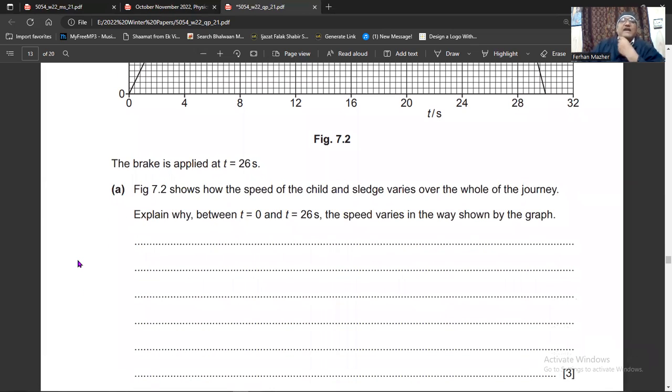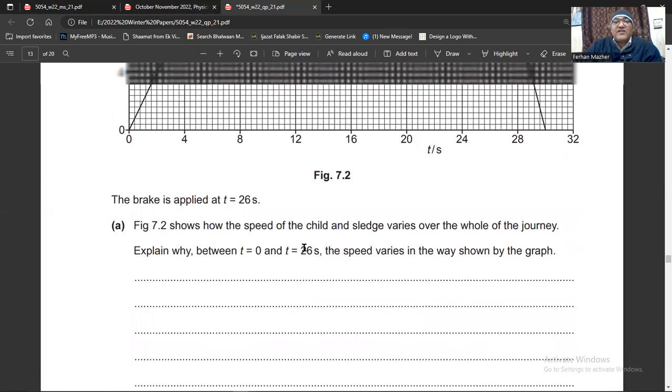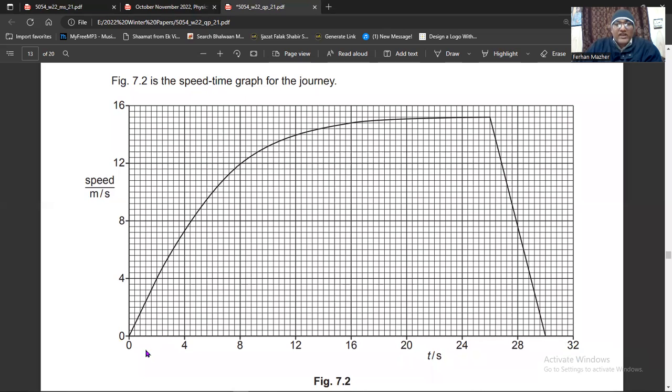Part A: figure 7.2 shows how the speed of the child and sledge varies over the whole of the journey. Explain why, between t equals 0 and t equals 26 seconds, the speed varies in the way shown in the figure. So here, basically, the speed is increasing up till t equals 26, and then it becomes constant.